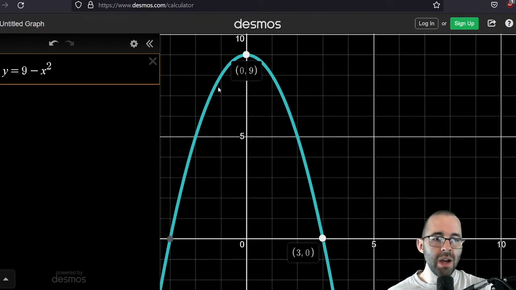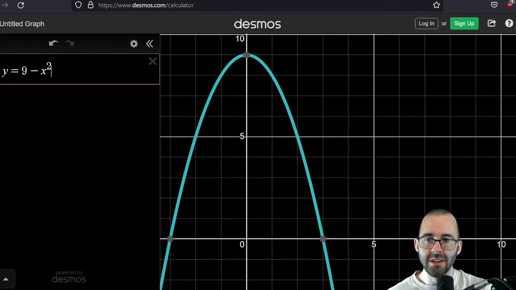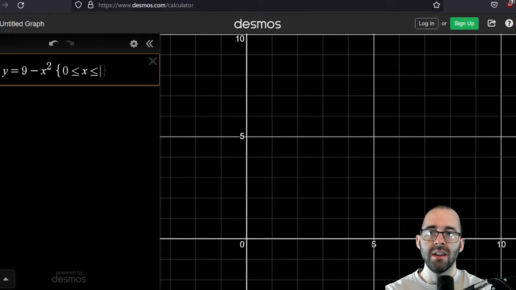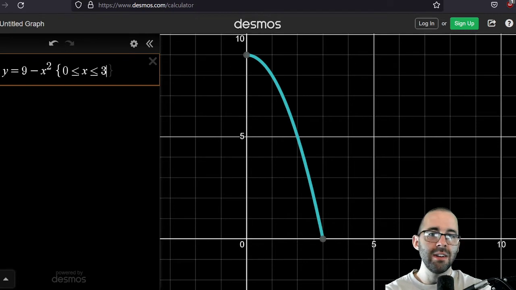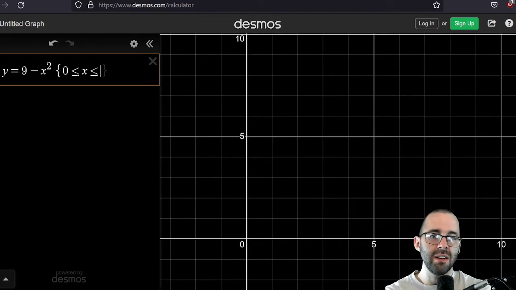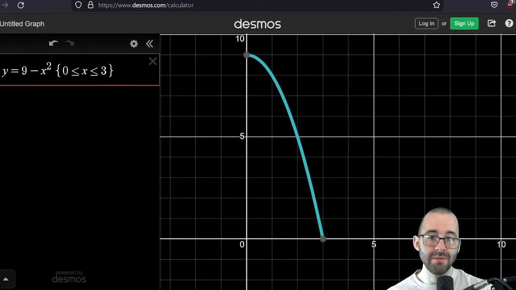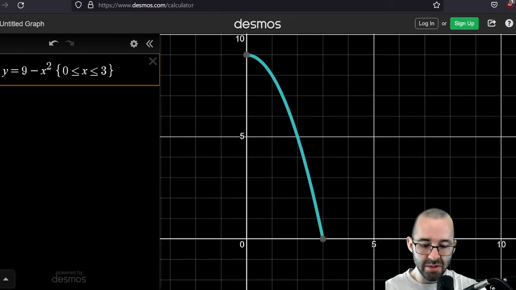If we didn't have a domain specified, this is not a one-to-one function. This does not have an inverse function. And that's why this requirement is important. It doesn't have to be 3. It could be 5. It could be infinity, whatever. But that's why they're doing this. Otherwise, there is no inverse function. Now this is one-to-one. Now it passes the horizontal line test.